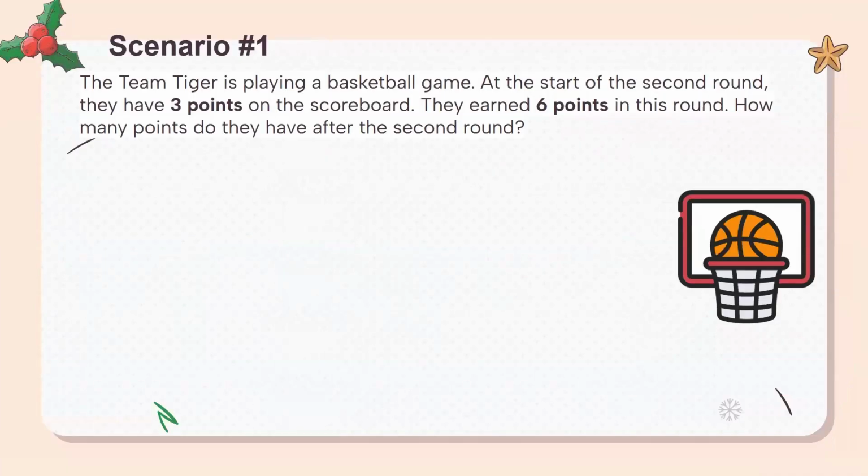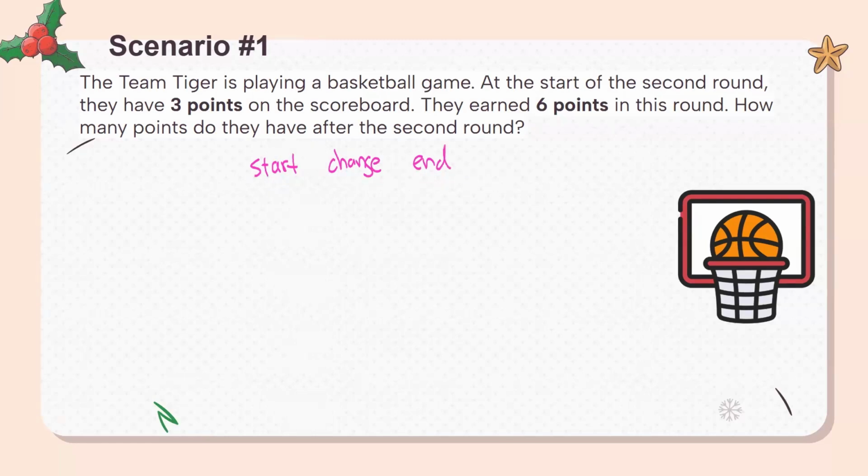Here's our first scenario. Team Tiger is playing a basketball game. At the start of the second round, they have 3 points on the scoreboard. They earn 6 points in this round. How many points do they have after the second round? Before we write the number sentence, we are using the strategy start, change, and end.